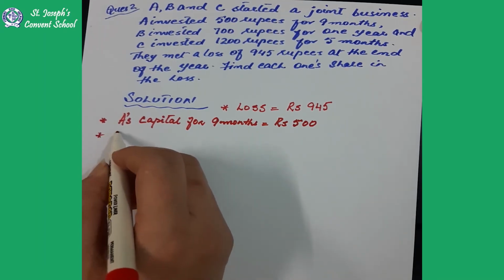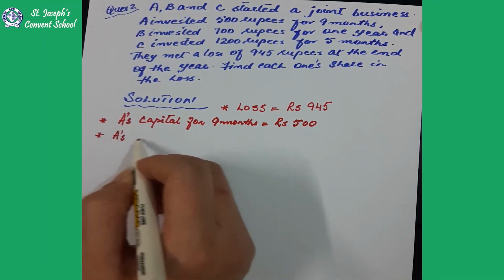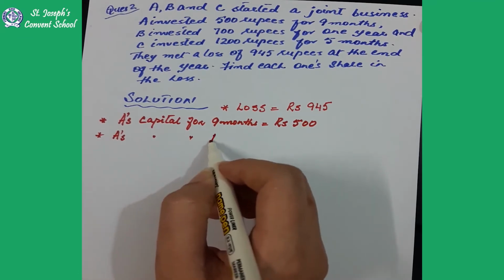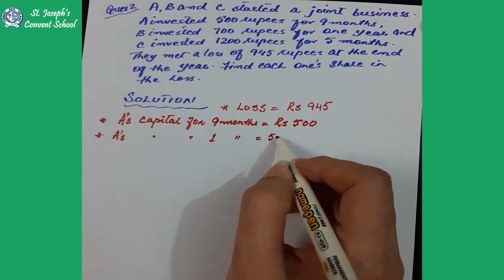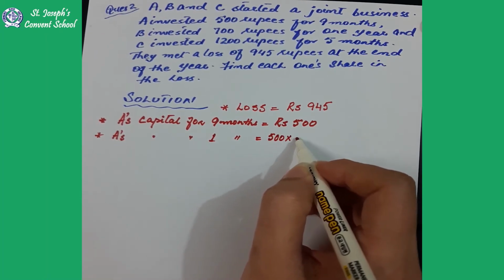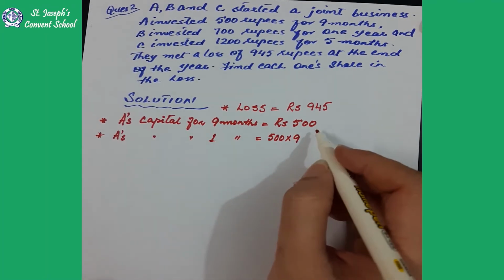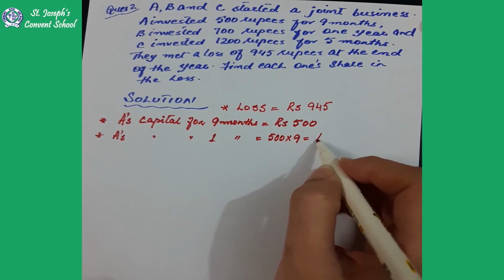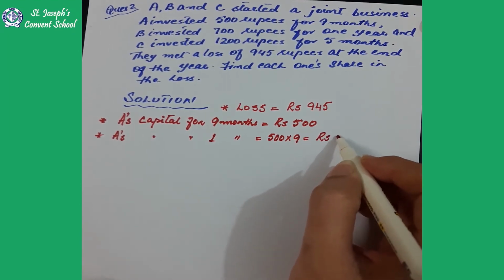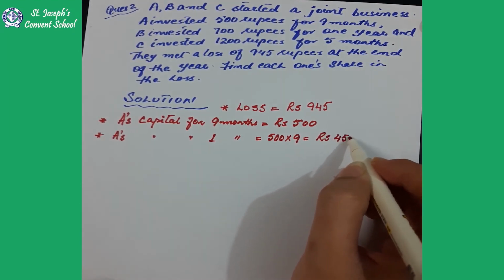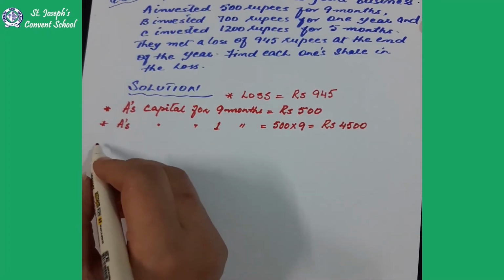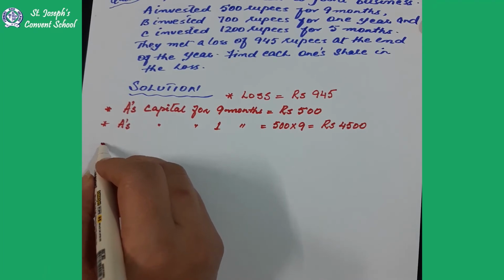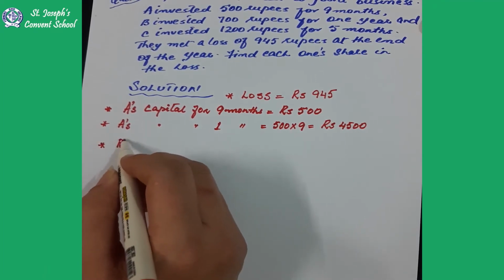Now we'll find it for 1 month. A's capital for 1 month is 9 into 500. So 500 into 9 is rupees 4500. Same way B's capital you'll solve and then find it for 1 month.